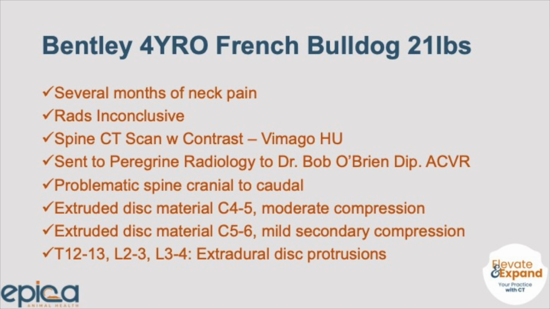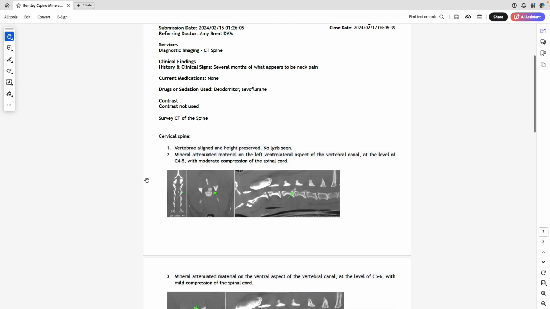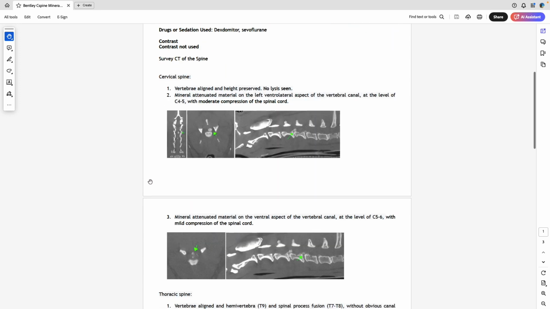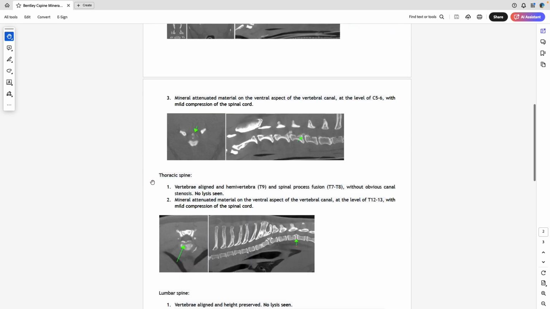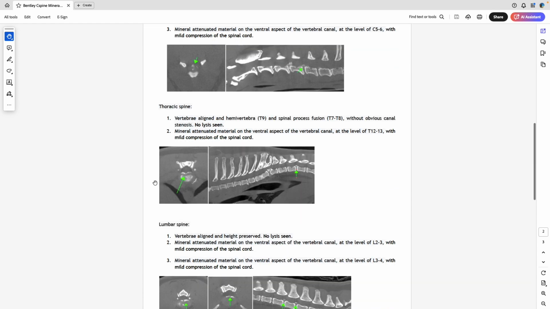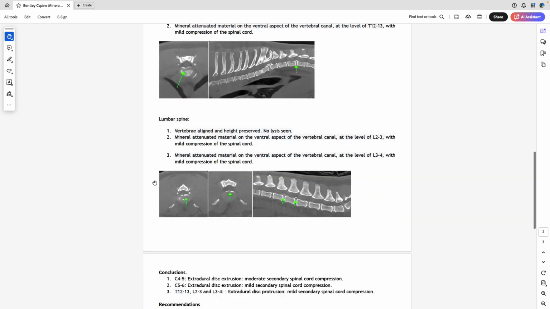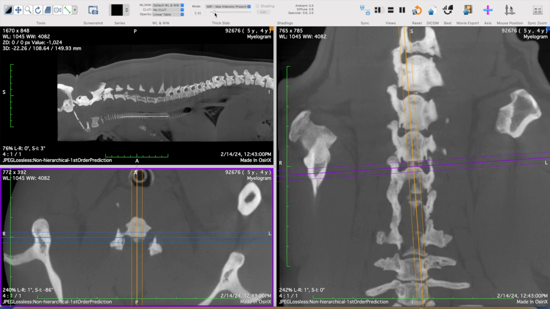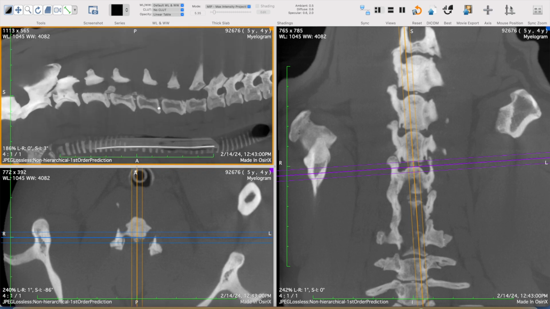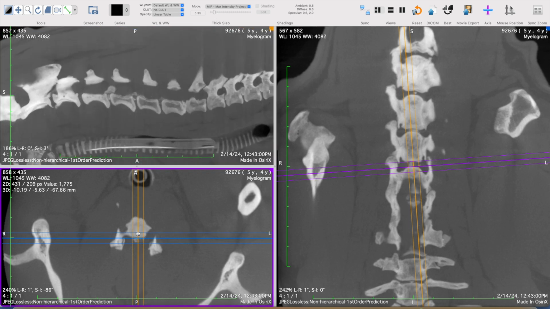We have a problematic spine, basically cranial to caudal. The C-spine, C4 through 5, we're seeing moderate compression of the spinal cord here with a big glob of something that appears to be very mineralized, but it seems almost liquid because it's spherical.